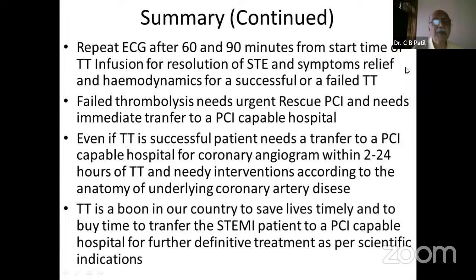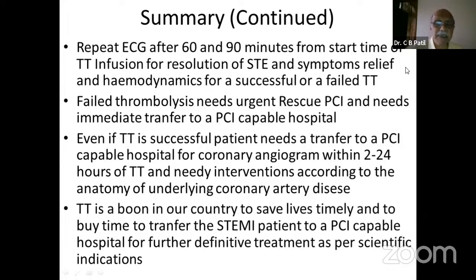Primary PCI can be done even up to 12 hours, but that is the best period. But as the time goes on increasing, I told you, within the first 1 to 2 hours, the mortality is hardly 3%. When it is more than 5-6 hours, the mortality goes on increasing to almost 10%. That's why, the more you delay, already the LV is damaged.